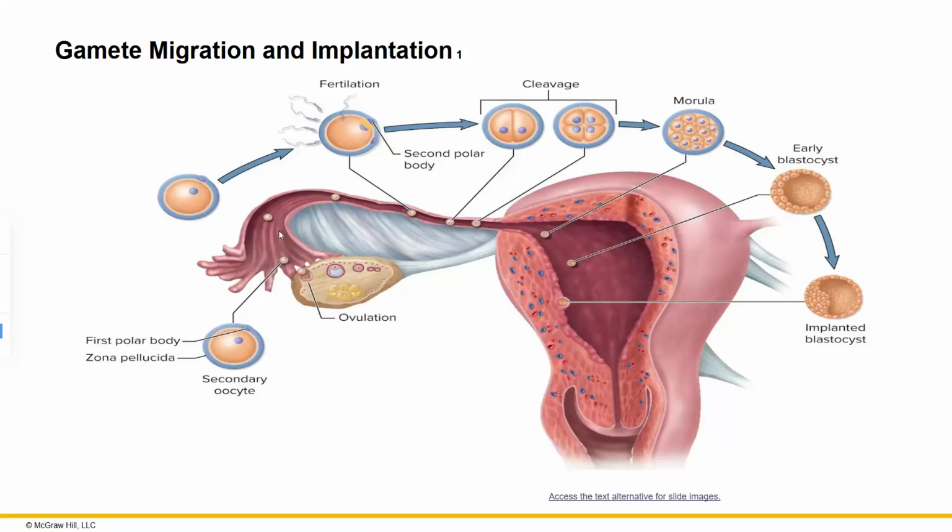So the fertilization event has to happen within the first third of the fallopian tube. If the fertilization event happens too late, you may have a low implantation, or you may lose the fertilized egg. Now, losing a fertilized egg is pretty common.